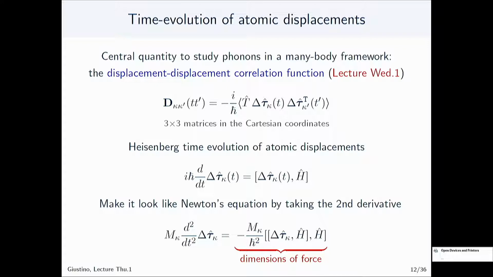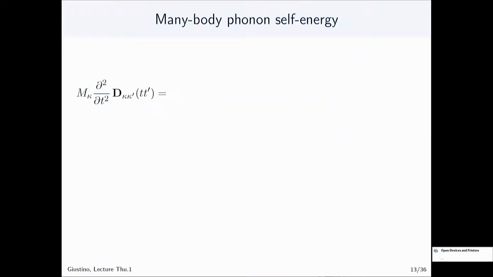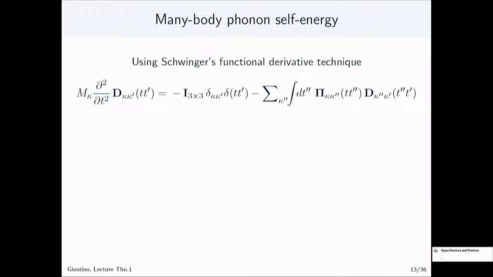So the trick here is to now evaluate the time evolution of this object in such a way as to obtain the time evolution of the Green's function. That's really the goal. I'm not going to give you the steps because it's going to take quite a long time. It's actually not that trivial, but I will give you a reference at the end where the maths are done. I would just like to give you the final answer. Essentially, this leads to a time evolution of the Green's function, which has the following shape.